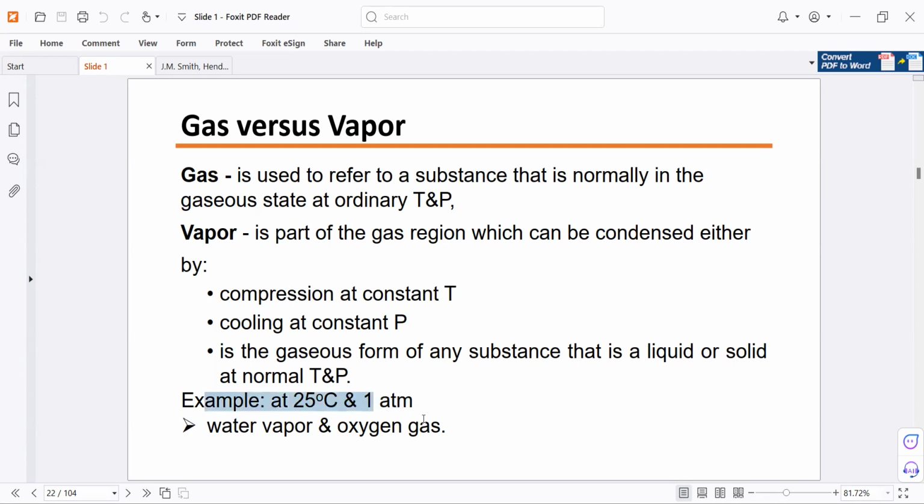Okay, so for example, water vapor and oxygen gas at 25 degrees Celsius and 1 atmosphere, water will exist. Okay, so water can exist as water vapor and oxygen will exist as oxygen gas.